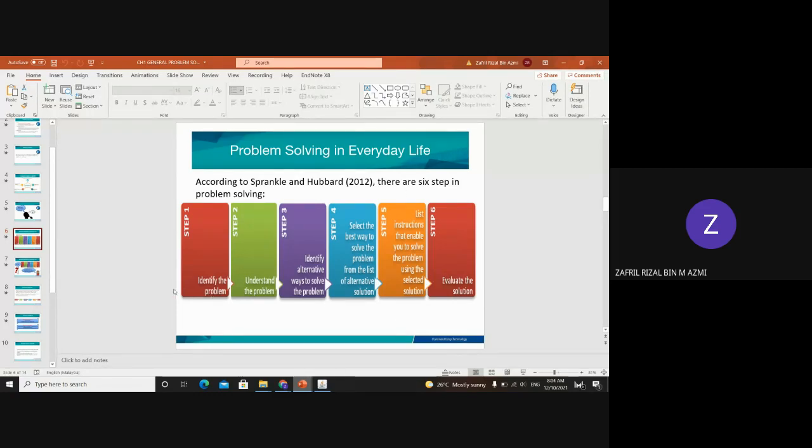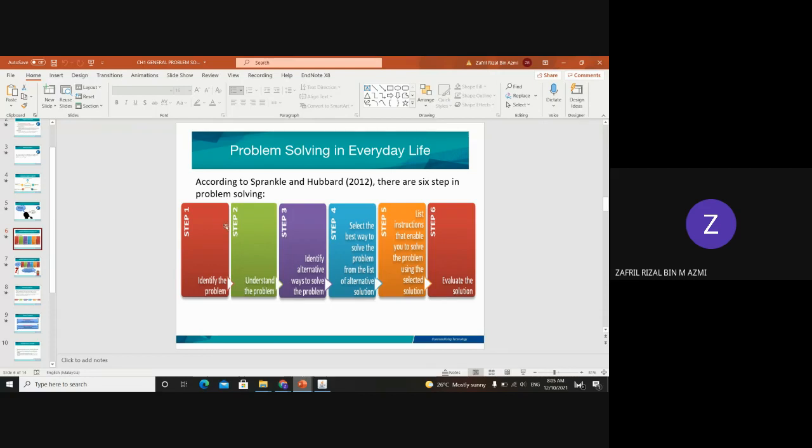But in the view of computer science, we have much more complicated steps that we put in this general step. We add details and specific steps so that it meets the scope of our problem, which is a problem that can be solved by the computer.